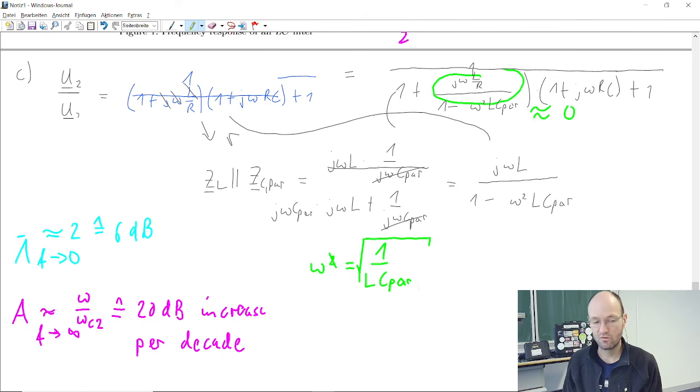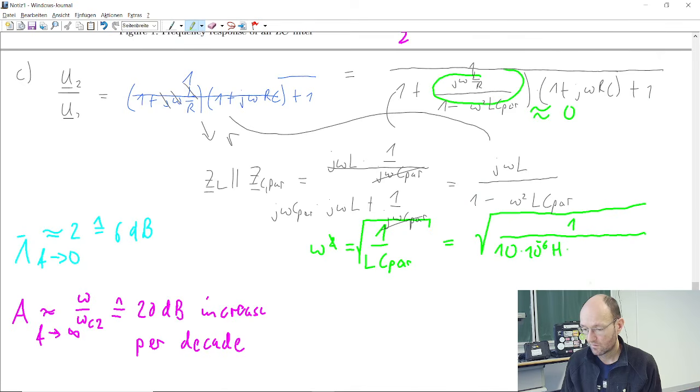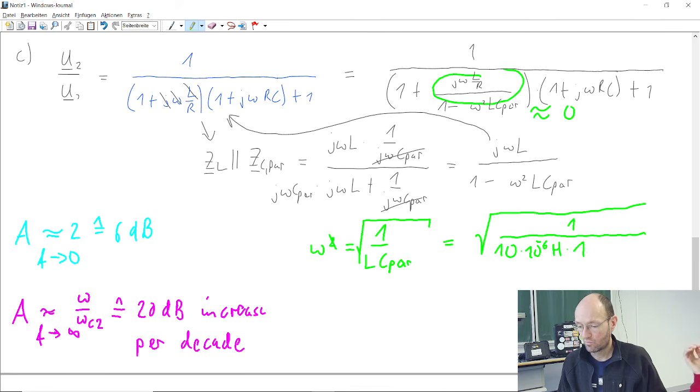And so on, we can just insert the values: 1 over, the inductance was 10 times 10 to the power of -6 Henry, and the parasitic parallel capacitance, if we check the datasheet, was 1.25 picofarads. And pico means 10 to the power of -12.